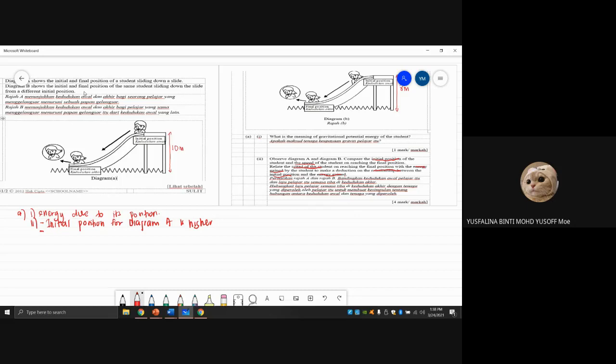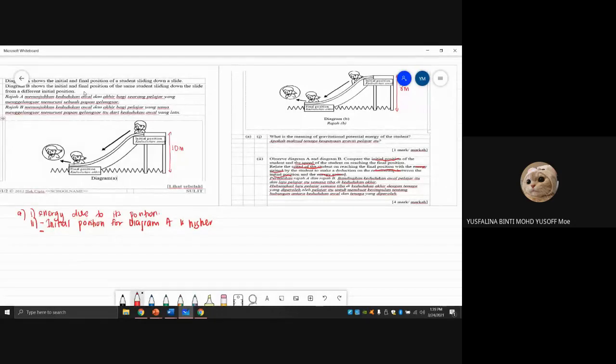You already learned the principle of conservation of energy: energy cannot be destroyed, and it is always the same. So when there is a higher gravitational potential energy, when it comes down it will produce a higher kinetic energy.